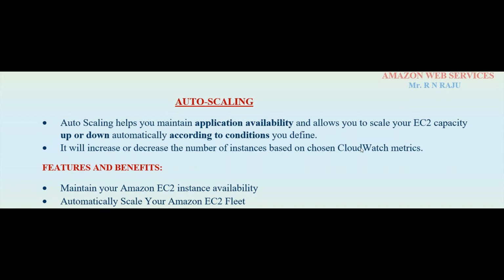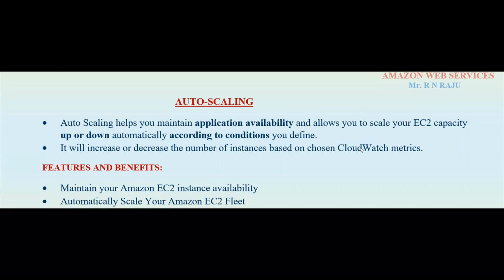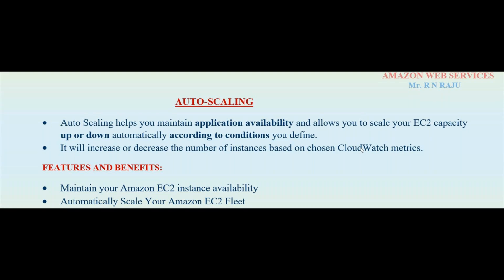I want to add instances to the Network Elastic Load Balancer with the help of auto scaling. Then how can you add the instances automatically inside the target groups? That is the combination of auto scaling and load balancer. Features and benefits: maintain your Amazon EC2 instances' availability and automatically scale your Amazon EC2 fleet.